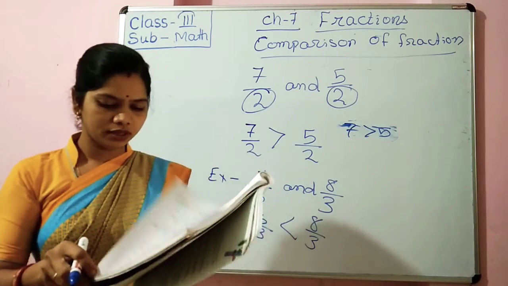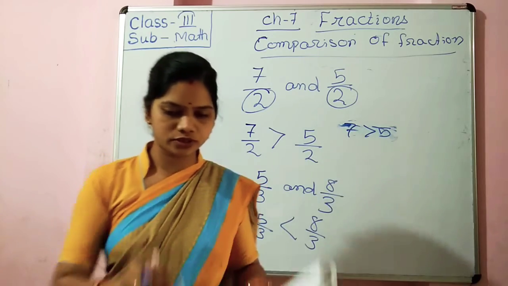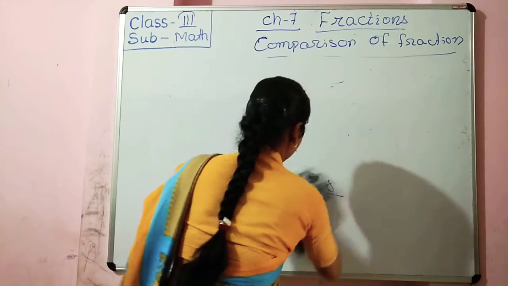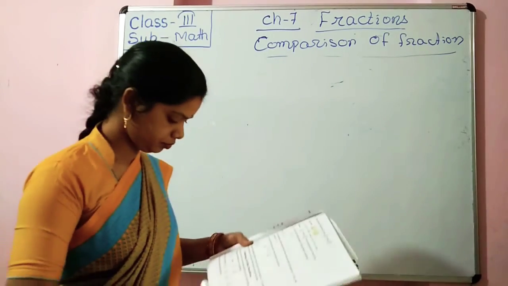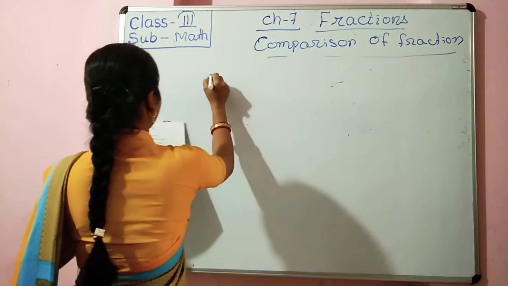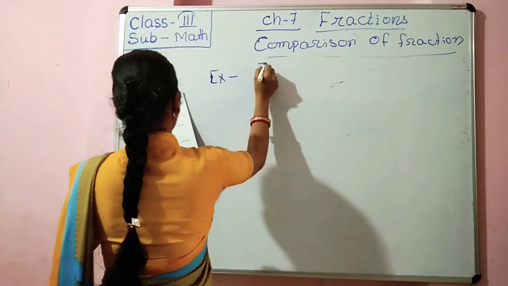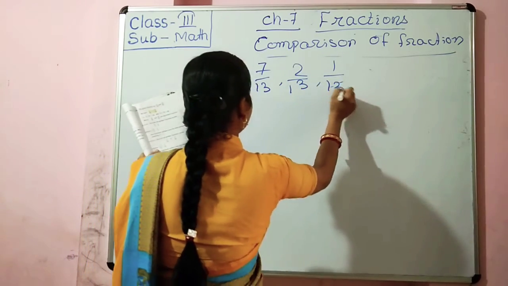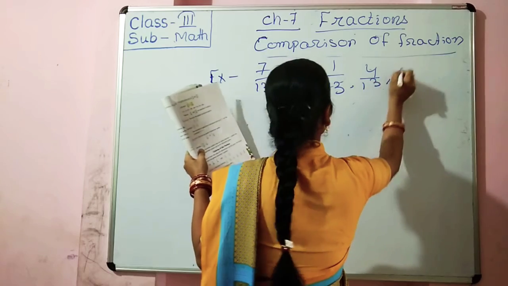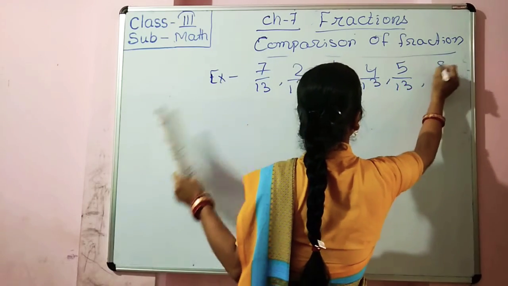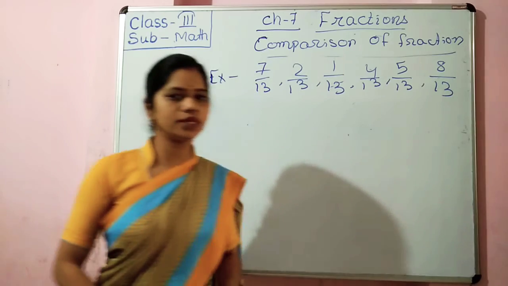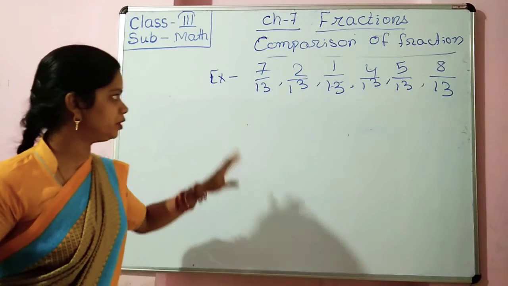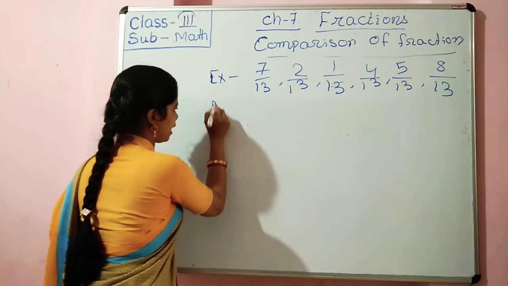Okay. Then ordering of like fractions. देखो, example: 7 by 13, 2 by 13, 1 by 13, 4 by 13, 5 by 13 and 8 by 13. देखो, in this case the denominators are the same, that is 13. Okay, we have to arrange in ascending order.